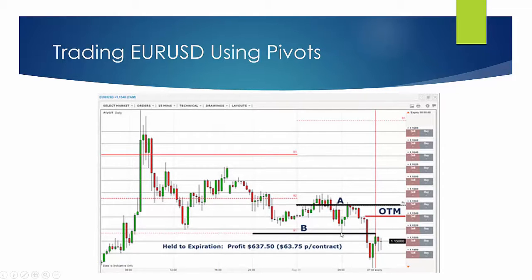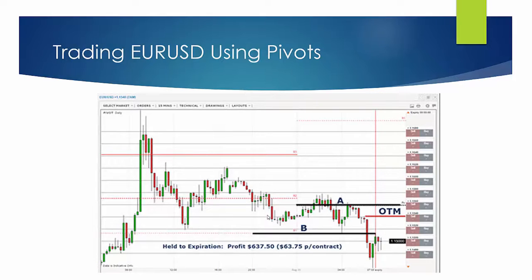Price does move in my direction. It goes down to test the support line just as I anticipated. Then it bounces back up to test that the pivot line is going to serve as resistance.